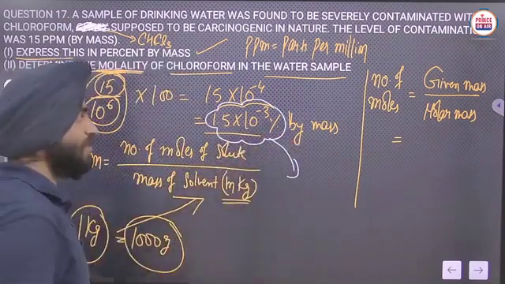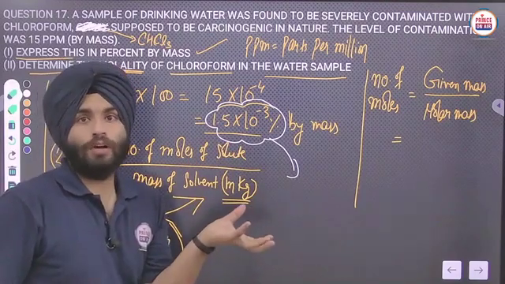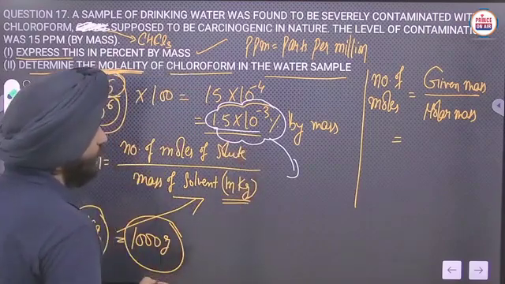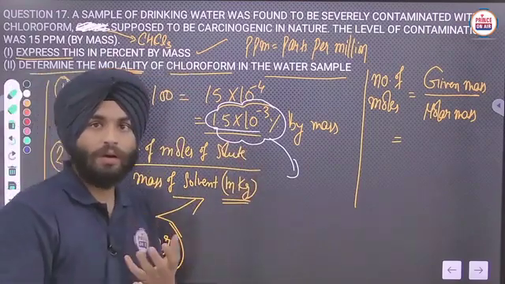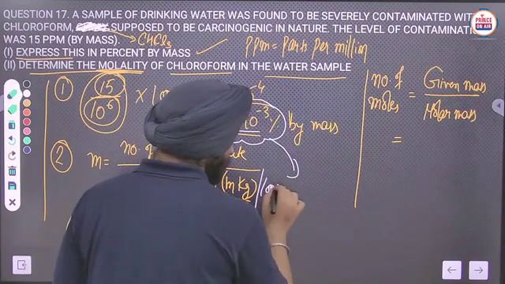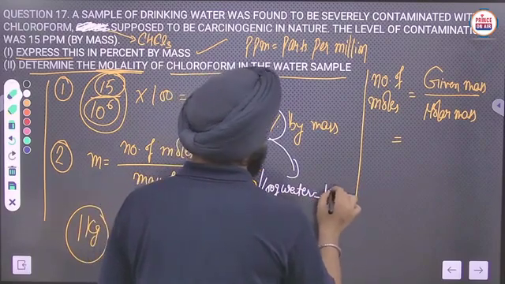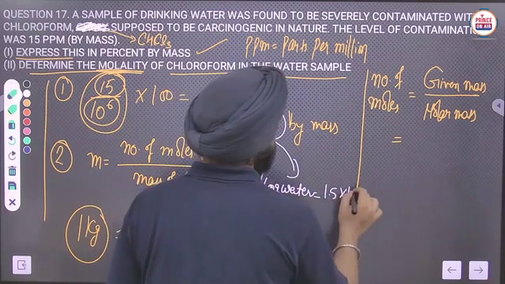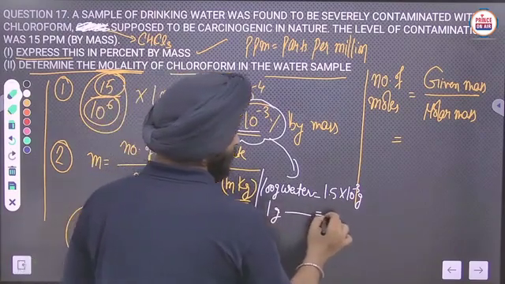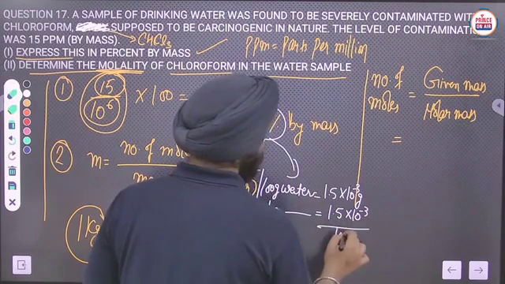Percentage by mass means, if you are taking a 100 gram sample of water, you will get 1.5 into 10 raised power minus 3 gram of chloroform. So 100 gram of water contains 1.5 into 10 raised power minus 3 gram chloroform. 1 gram of water will contain 1.5 into 10 raised power minus 3 upon 100.